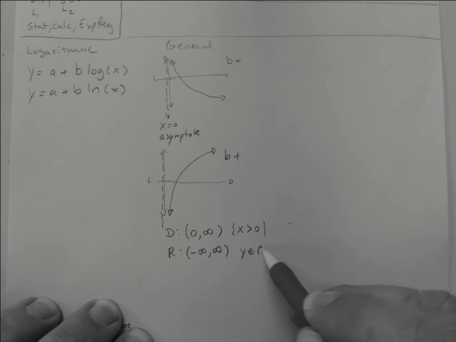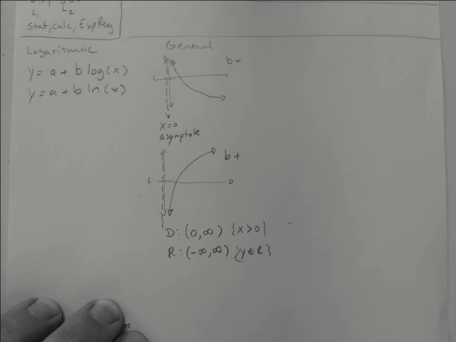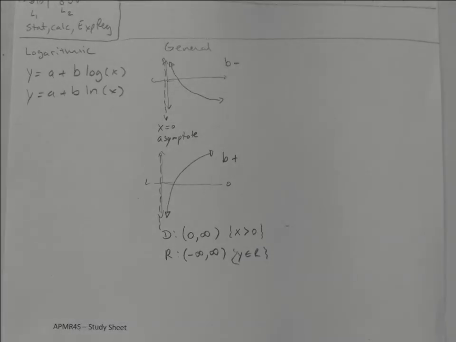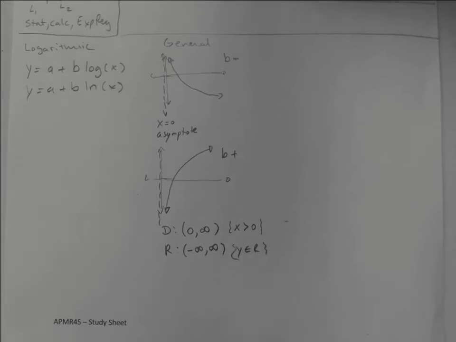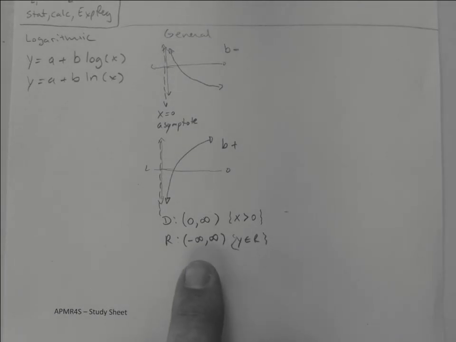Y is all real numbers. If you look at this, guys, the range of the logarithmic is the domain of the exponential, and vice versa. So there is a connection there.